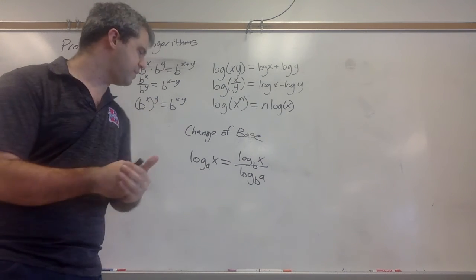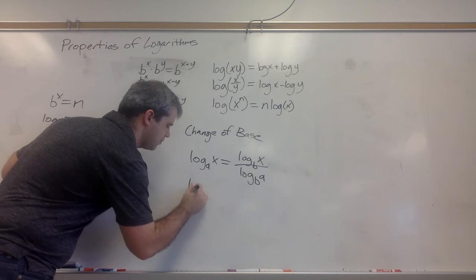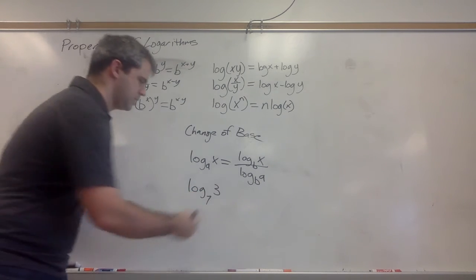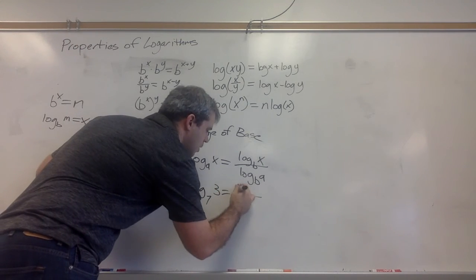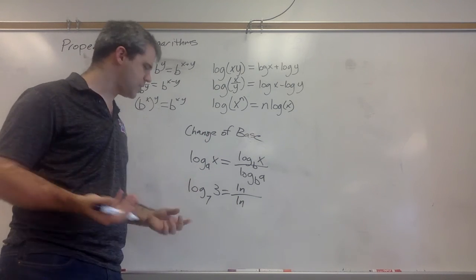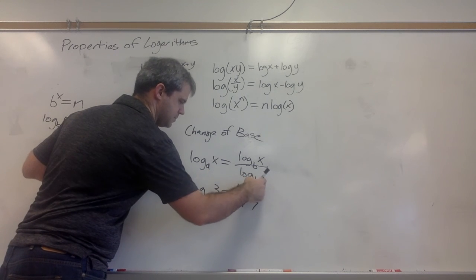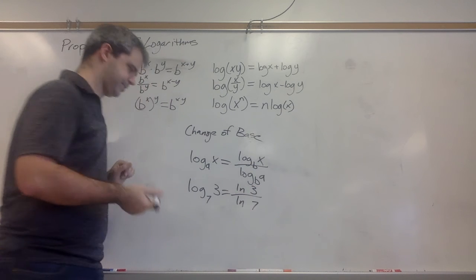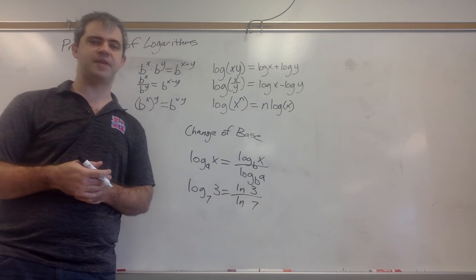I can show you a proof if you want to see it, but what's important here is if, for instance, I had log base 7 of 3, and I want to change that to, say, a natural log, I'll do a natural log on top and bottom. So I've changed my base, and I put the base down here and the inside part up here. Okay, so that's how you change the base of your logarithm.